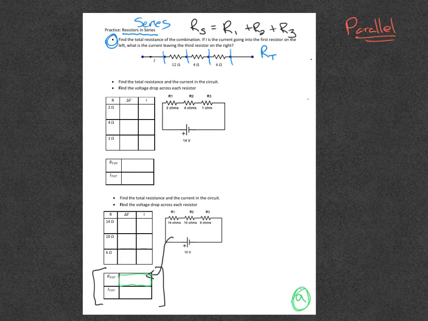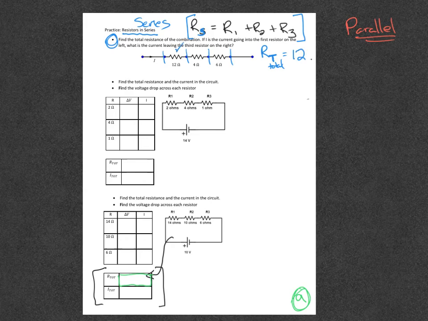In series, it's a simple formula. It's nothing more than the total if you add them each up. So, and by the way, you'll notice I'll write that RS or RT. T stands for total, but S stands for series. So it's a total of a series circuit. Sorry if I'm not perfectly consistent. I bet you get both ideas.